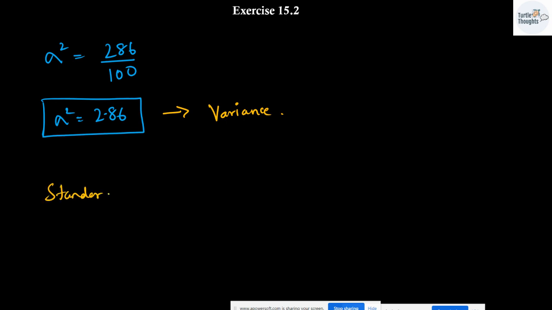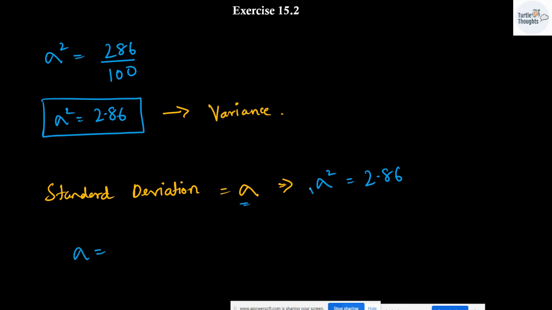Standard deviation is given by just sigma. So the value of sigma will be what? I just need to take the variance. From the variance I can find out the standard deviation. So sigma square is going to be 2.86. What will be the value of sigma?